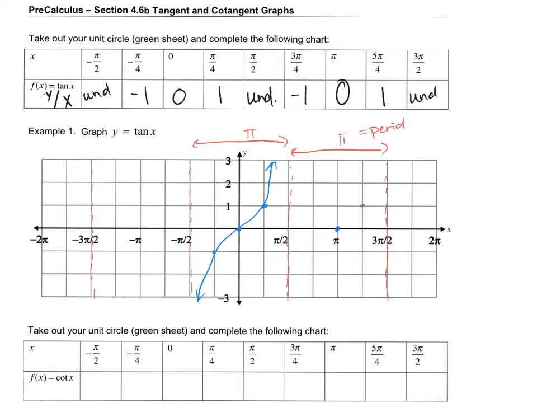And so again, this repeats as we go through each of our periods. So do your best to not make that linear. You want to make it look like a cubic where it changes concave up and concave down at that inflection point.